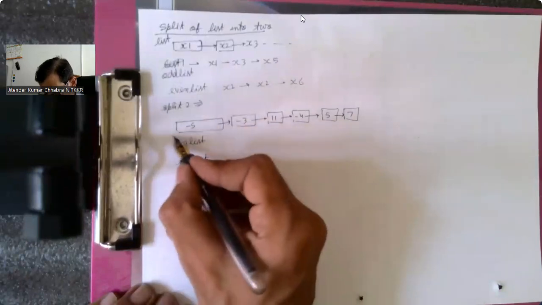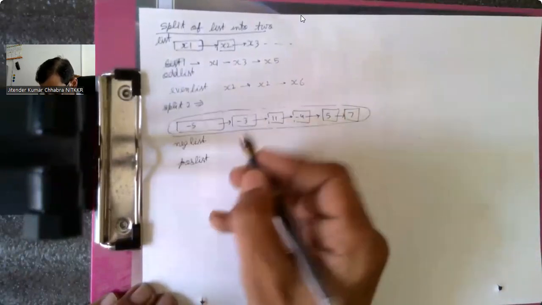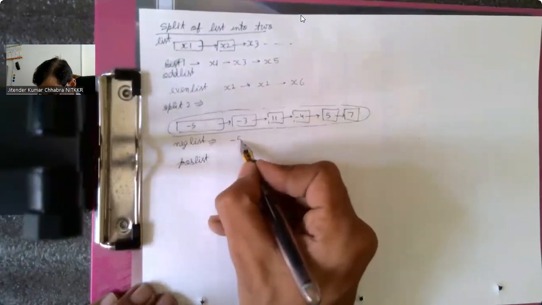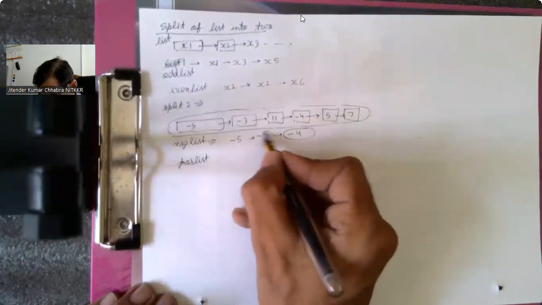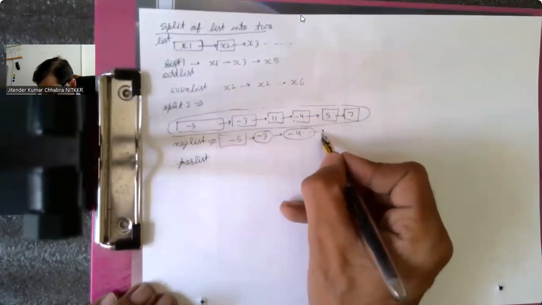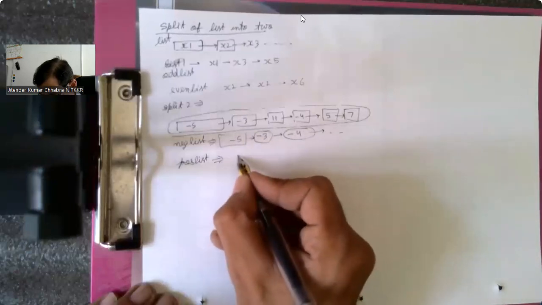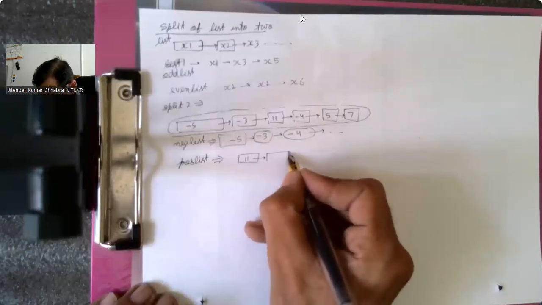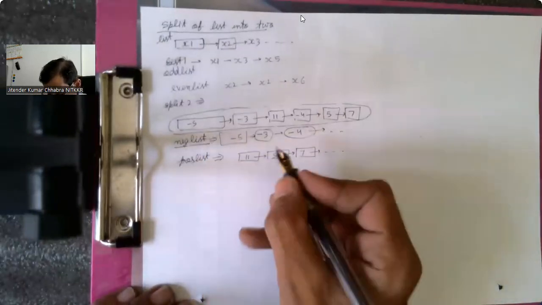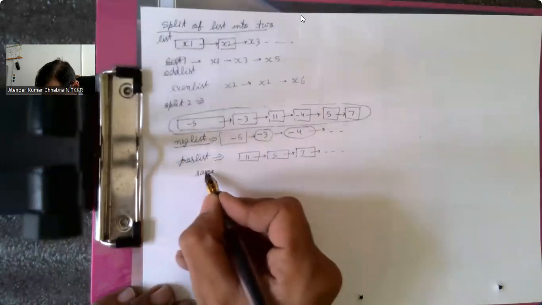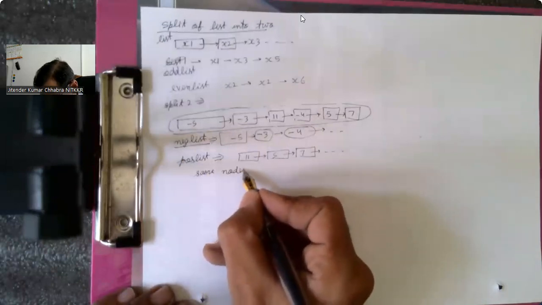Effectively means this list should get converted into two lists where negative list will mean -3 linked with -5 linked with -4 and so on, and positive list will mean 11 linked with 5 linked with 7 and so on. So if that is the case going to be done, my logic will be now simple that again I can have same nodes to be relinked. So it's not that you are going to create any new nodes.